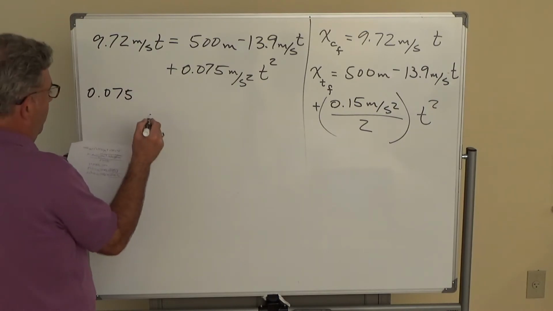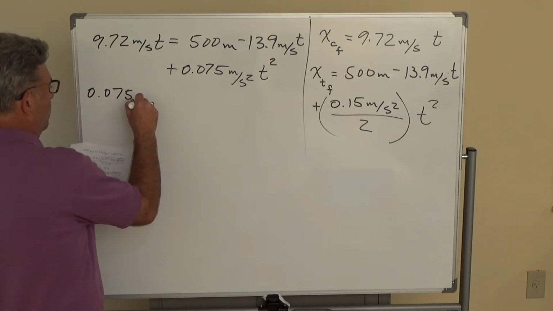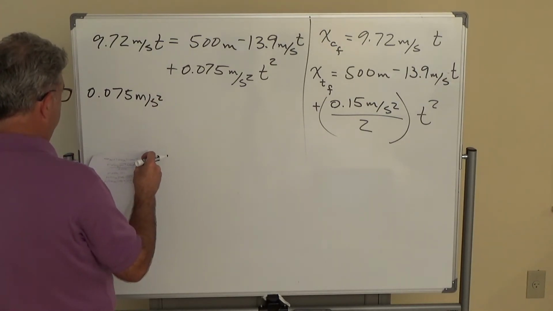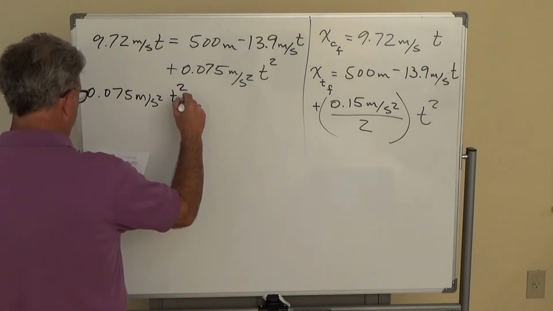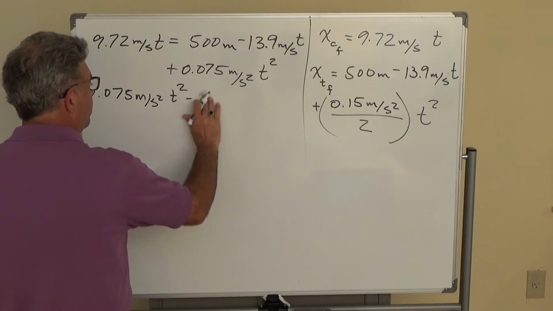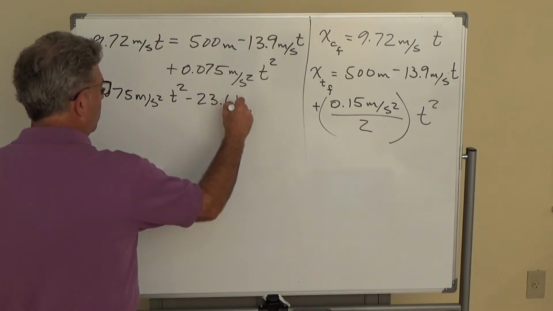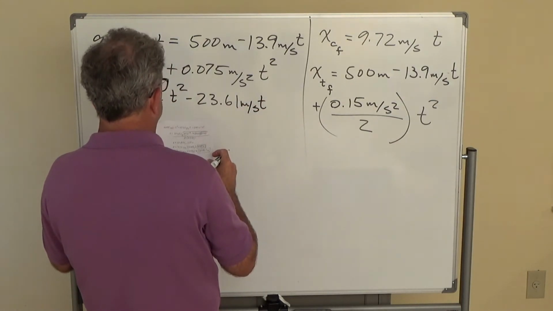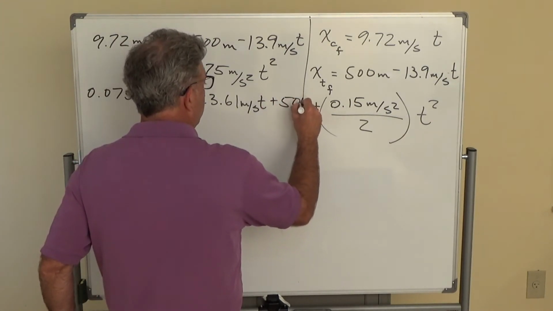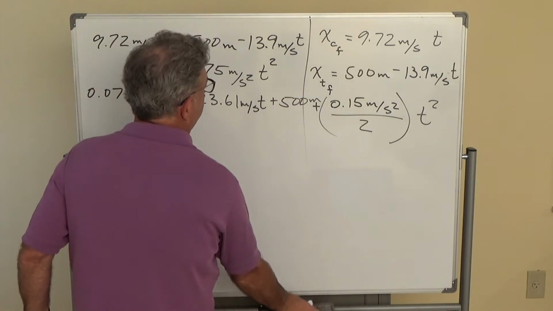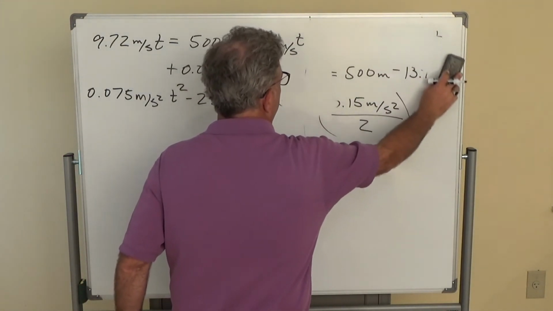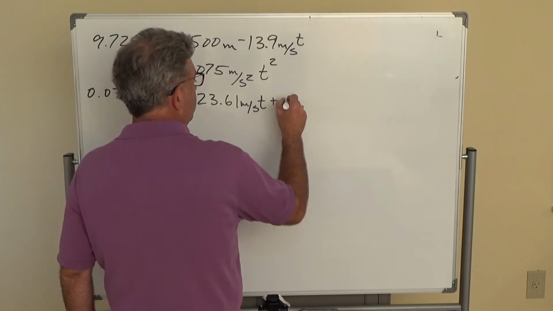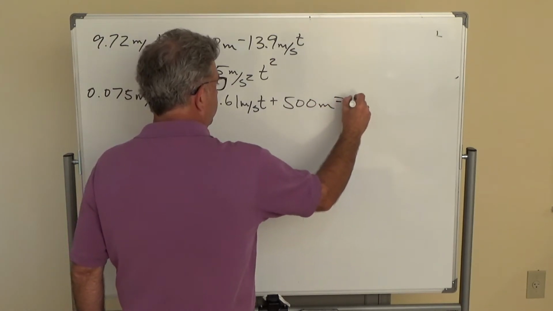So, 0.075 t squared minus 23.61 meters per second t plus 500 meters is equal to 0.